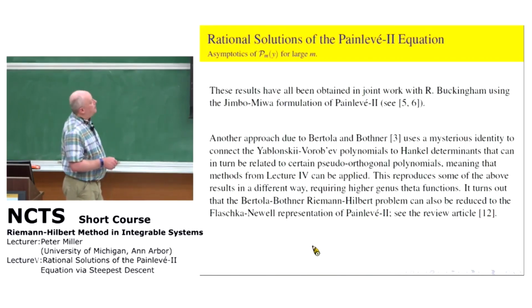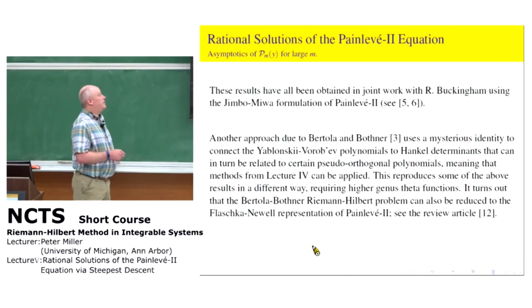But I want to tell you that there's another approach to this problem that Bertola and Bothner advanced, and here's the reference. This uses, in my opinion, a mysterious identity to connect the Yablonskii-Vorob'ev polynomials to some Hankel determinants.